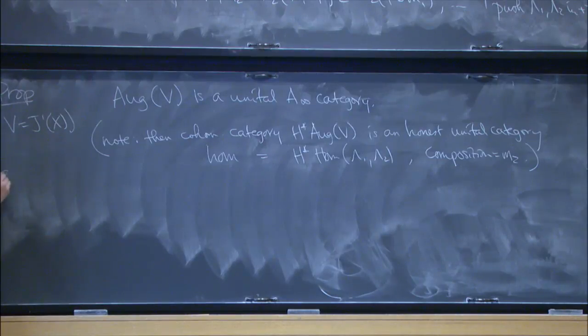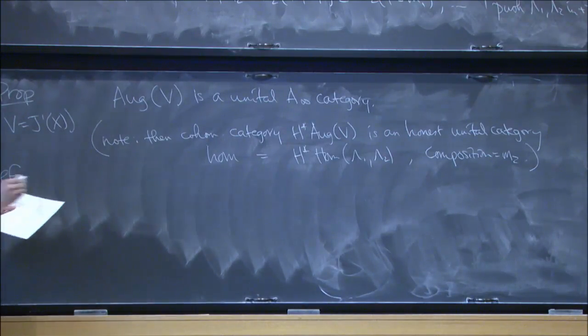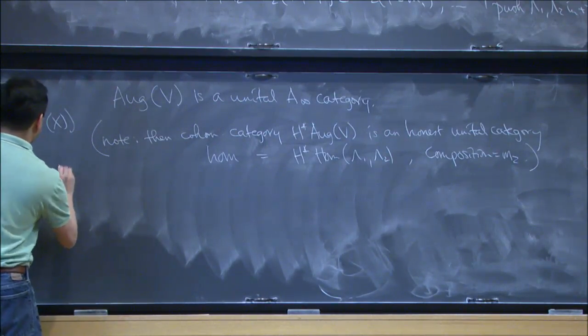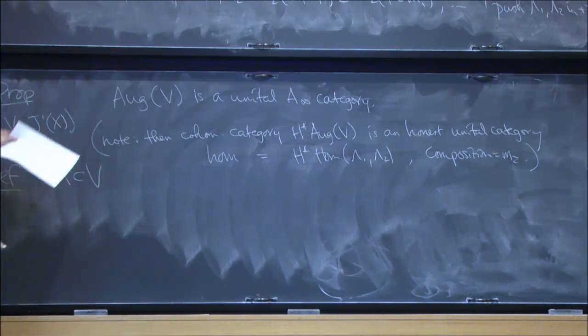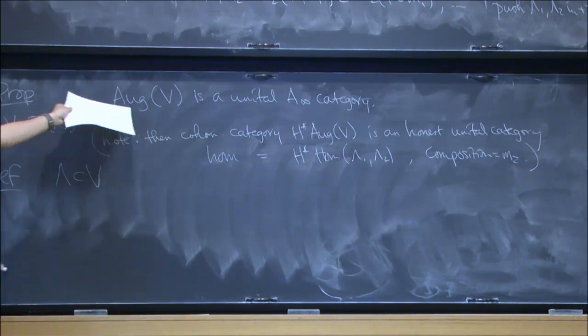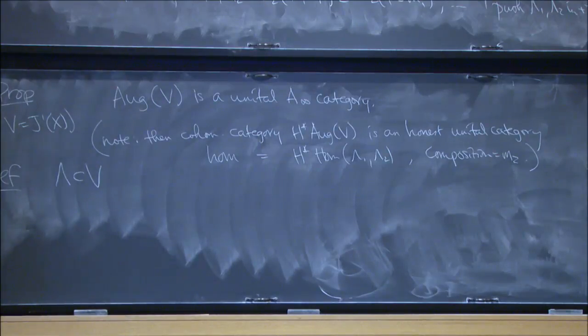Okay, so this is very similar to things that have been defined in the past. Suppose that now we fix a Legendrian. So far you can choose any Legendrian and any augmentation, and that will give you an object here. But now we're going to fix a particular Legendrian lambda.